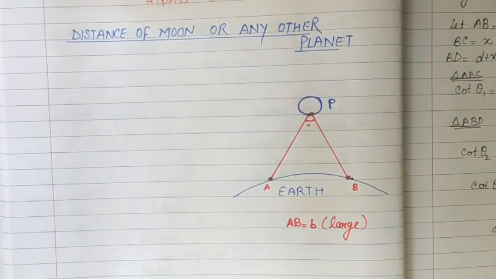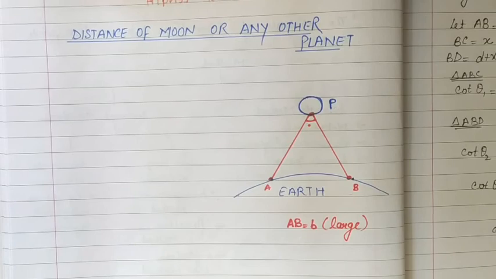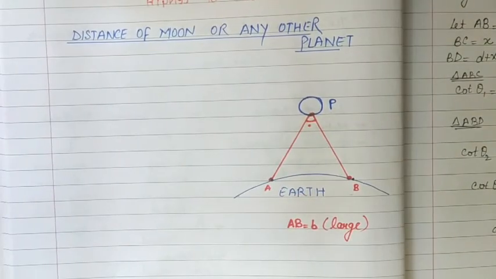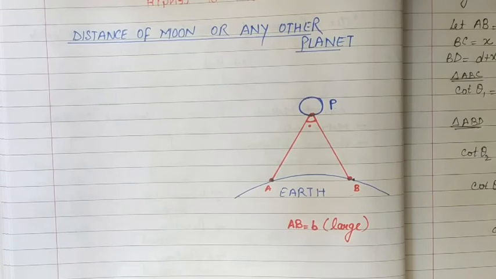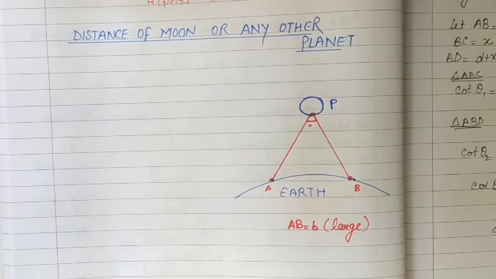Now we need some reference. For reference we take a star which is much farther from the earth and the planet P. Now if we take a star which is very much farther from Earth and the observed planet P, then the light rays coming from that particular star come parallel to each other towards the Earth's surface.